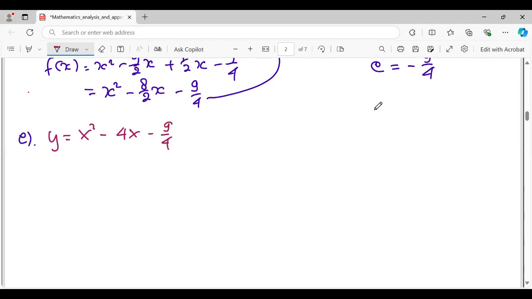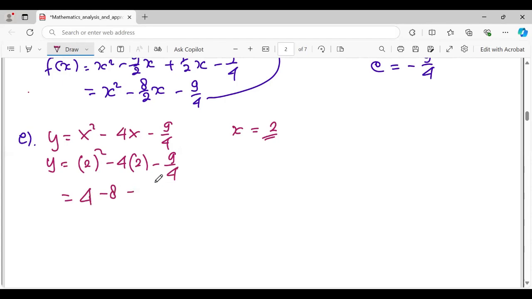Recall that the symmetry is x equals 2. Substitute this value of symmetry into this function. And comes y equals 2 squared minus 4 times 2 minus 9 over 4. 4 minus 8 minus 9 over 4.